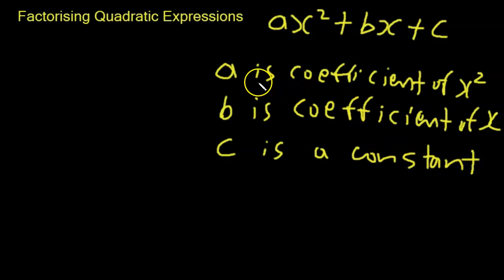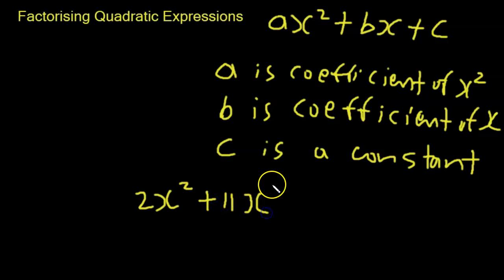What do we mean by a is a coefficient of the x squared? Let's say, for example, we have a quadratic expression looking something like this: 2x squared plus 11x plus 9, or something like that.